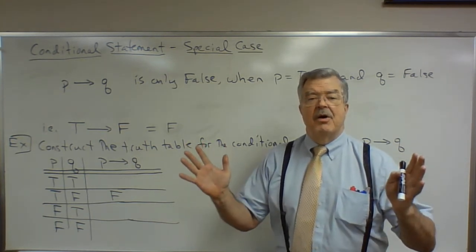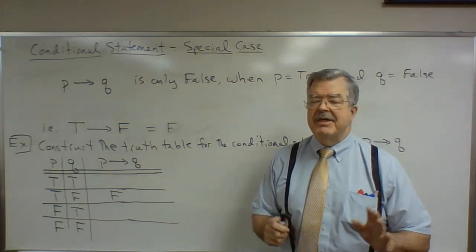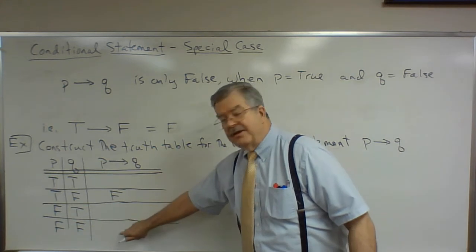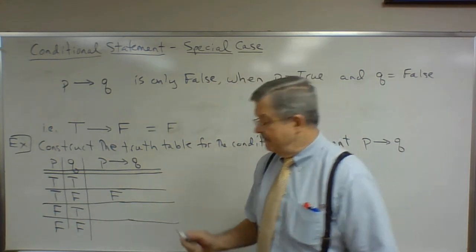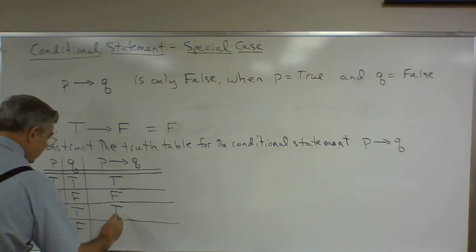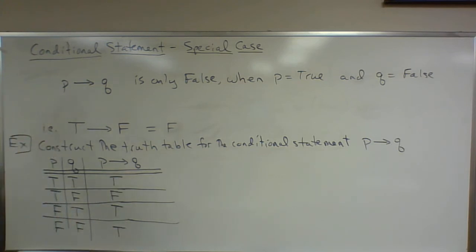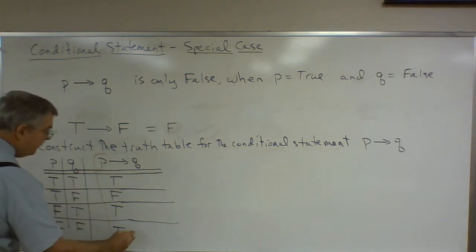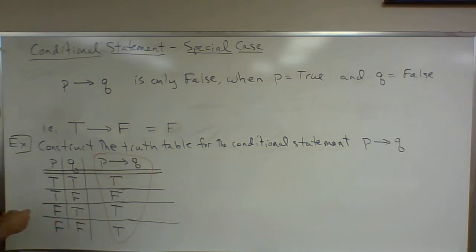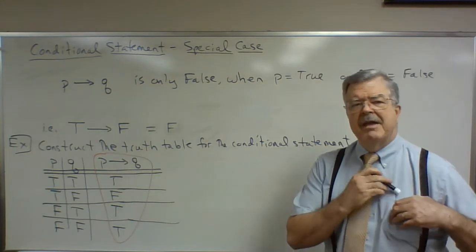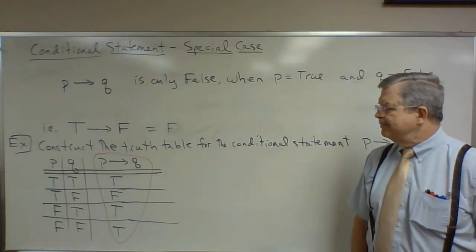So flying on autopilot, as I love to do without thinking, I know that I can just fill in the rest of these with the true symbol, T. And then I will circle this column. There. That's the truth table for a conditional statement.